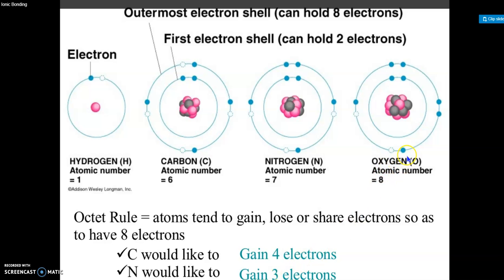In oxygen, the valence shell already carries 6 electrons, so only 2 electrons are required to achieve the octet in the valence shell. Octet rule: atoms tend to gain or lose or share electrons so as to have 8 electrons in the valence shell.